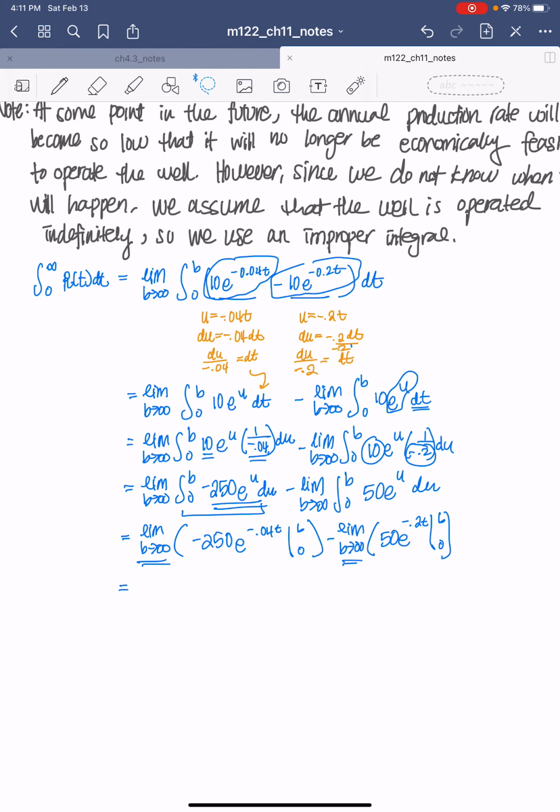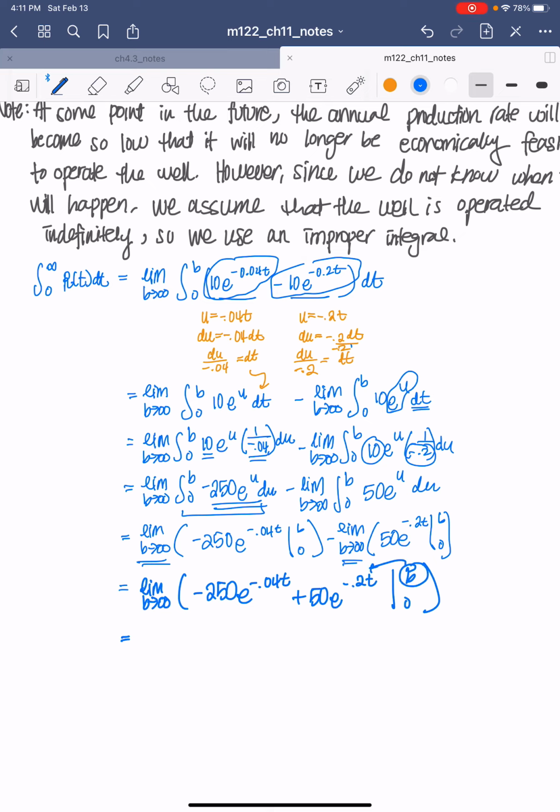Let's put it into one function: negative 250 e to the negative 0.04t plus 50 e to the negative 0.2t from 0 to b. If I plug in b, I'm going to have negative 250 e to the negative 0.04b plus 50 e to the negative 0.2b.